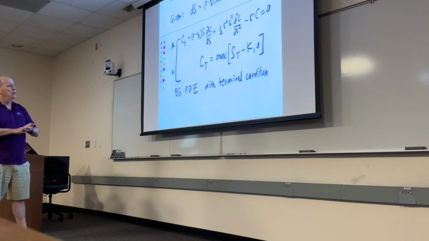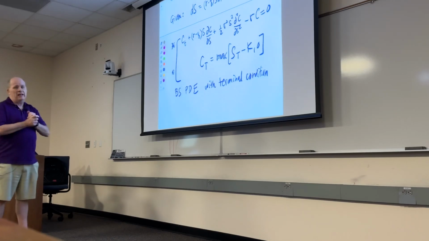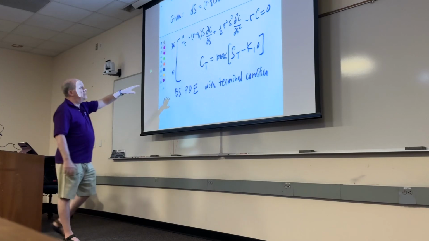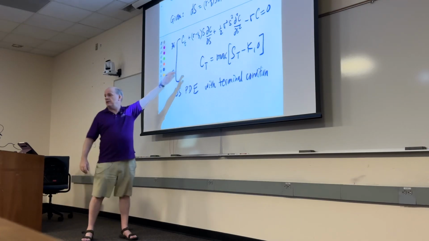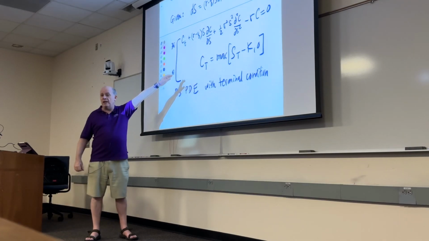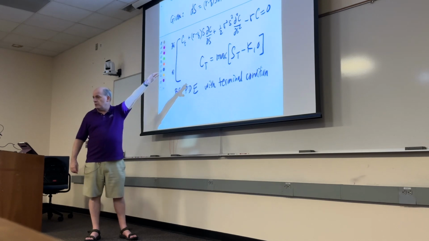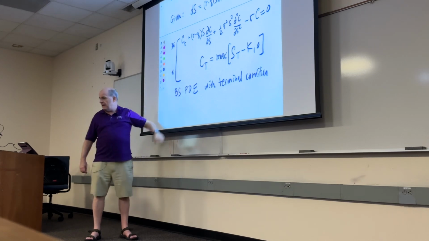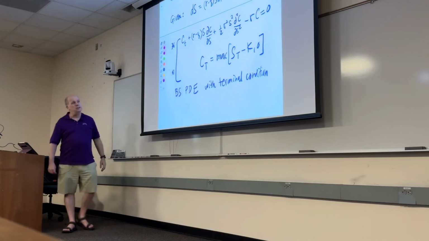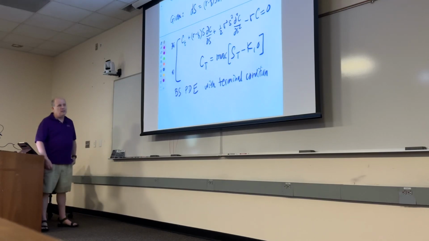There was a whole other way of getting to this. It's kind of interesting that a partial differential equation leads to a solution that has probability in it, right? There's a deep underlying connection between the mathematics of probability and the mathematics of partial differential equations, and Ito's lemma is one of the things that tie that together.